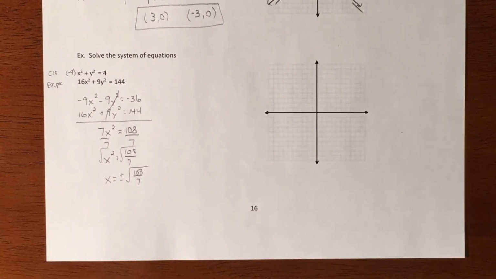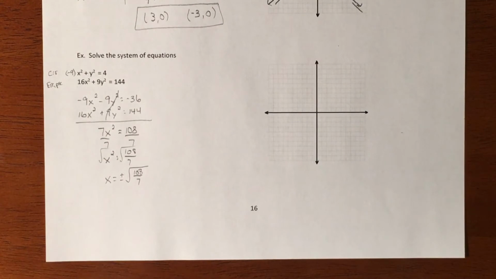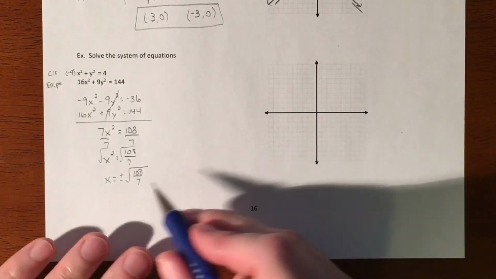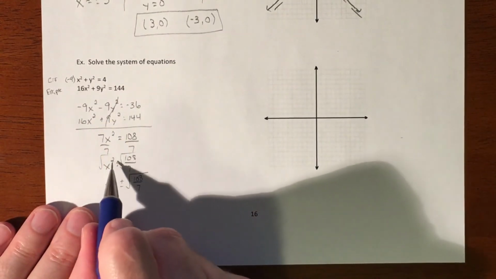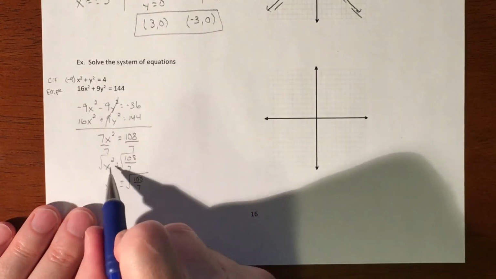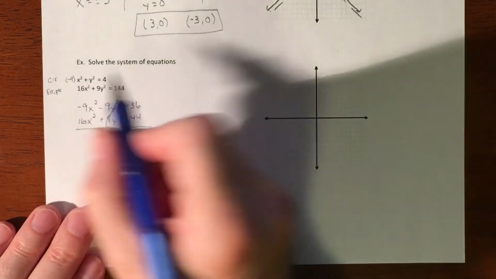Now I'm going to eventually turn that into a decimal, but for right now, I'm just going to plug it in to one of these and kind of just see what happens. So let's say we take that and plug that into the top equation. In fact, I can go back to this x squared piece and say x squared equaled 108 over 7 and replace our x squared here.